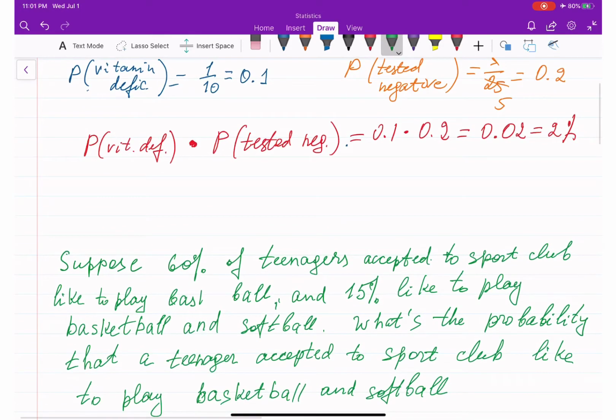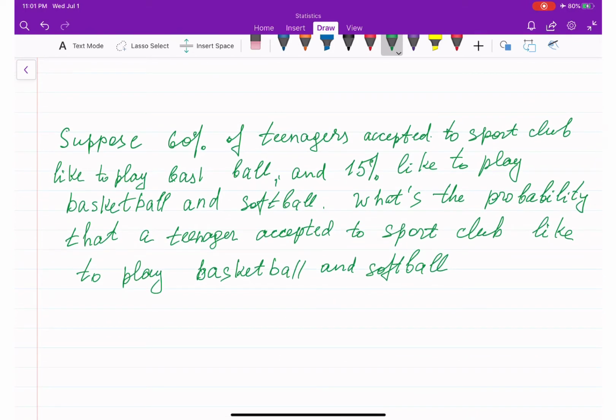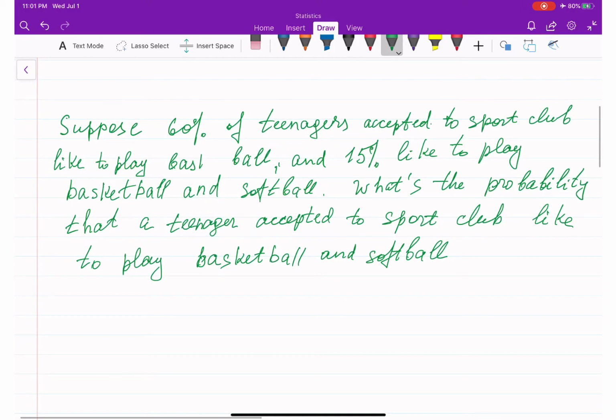Next. Suppose 60% of teenagers accepted to sport club like to play basketball, and 50% like to play basketball and softball.